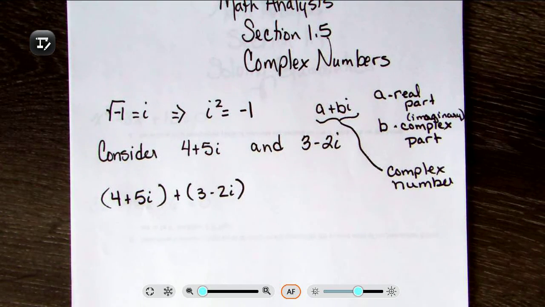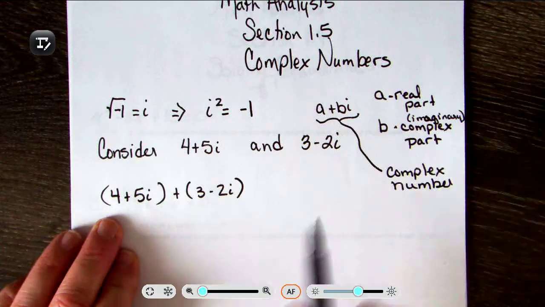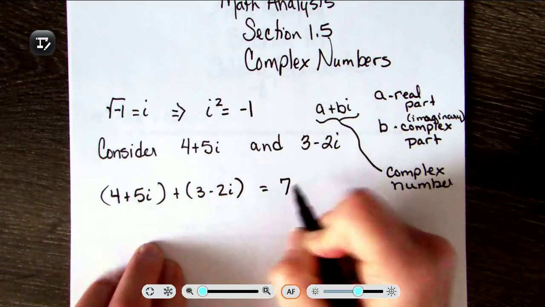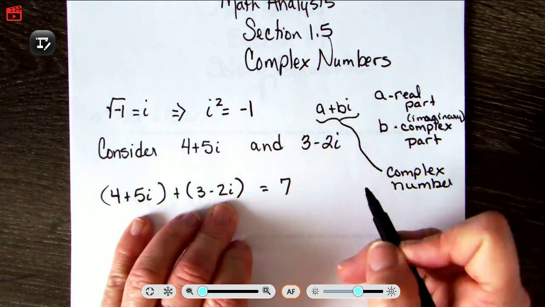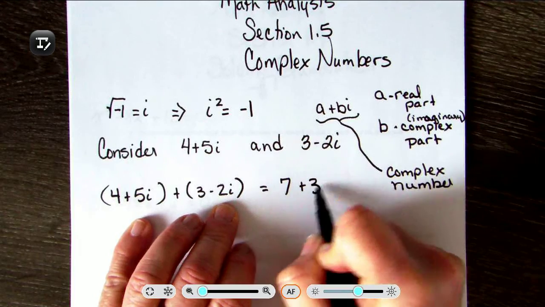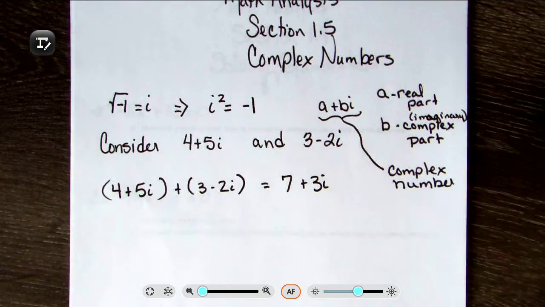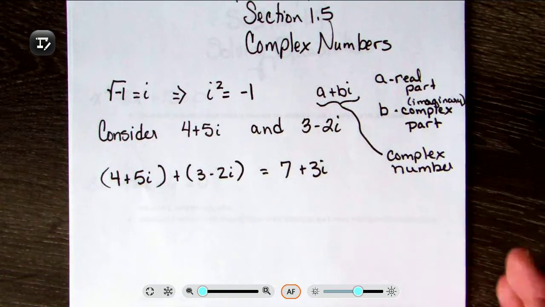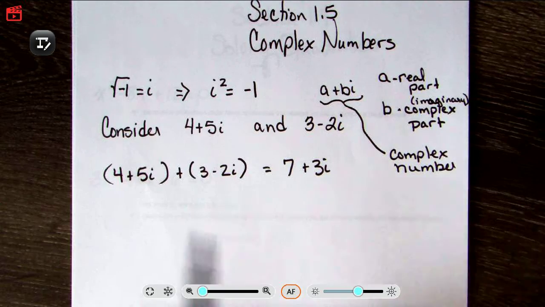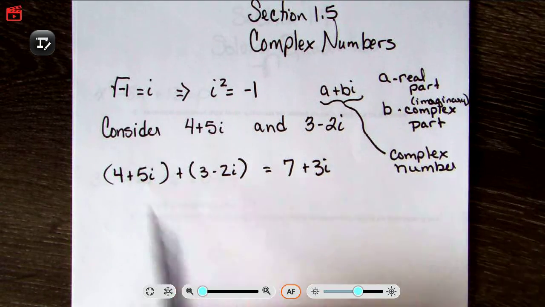And then when we're adding, we simply want to combine our like pieces. So we're going to be combining this 4 and that 3, and combining the imaginary parts, and we'll come up with 7 plus 3i. So again, very similar to dealing with expressions in terms of having a variable there.